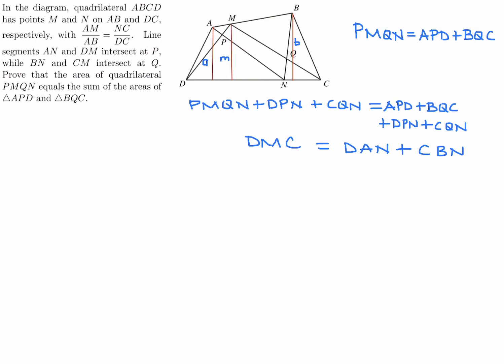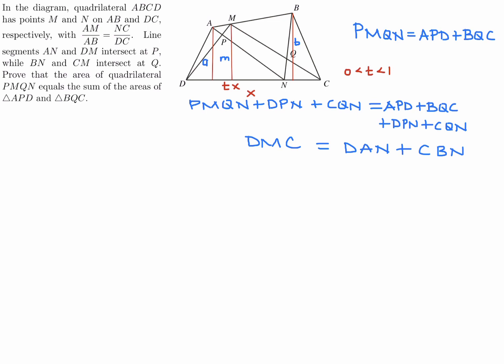And then I also need to label the base from there to there. The whole distance from D to C, I will call X. And the distance from D to N, from here to here, I will call some fraction of X, Tx, like that, where T is basically between 0 and 1.